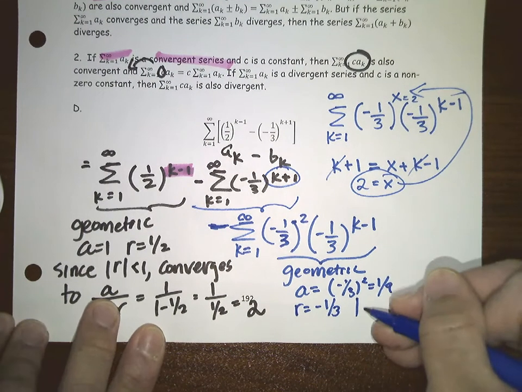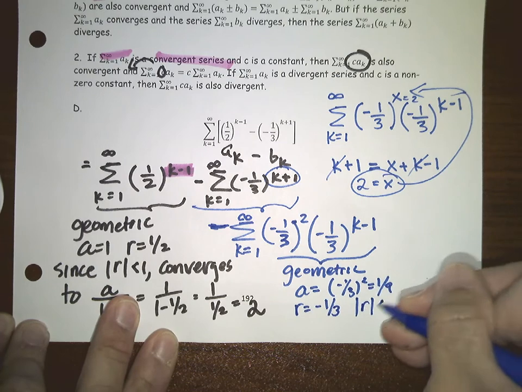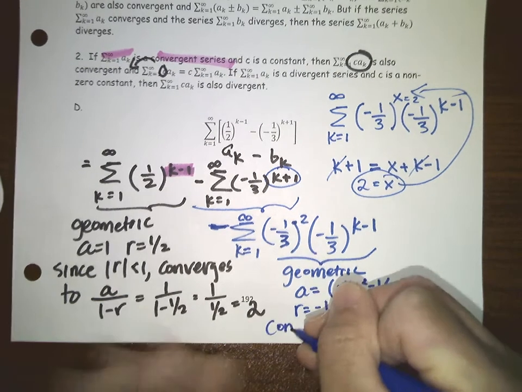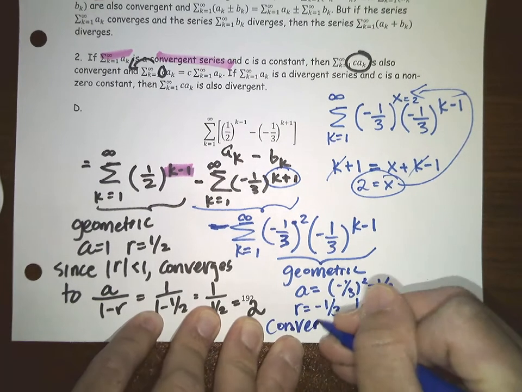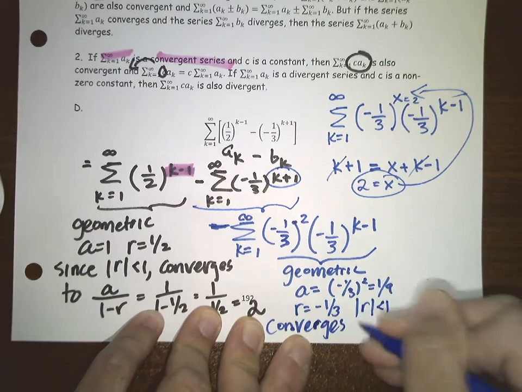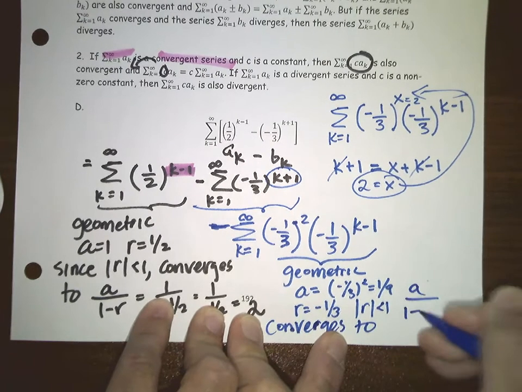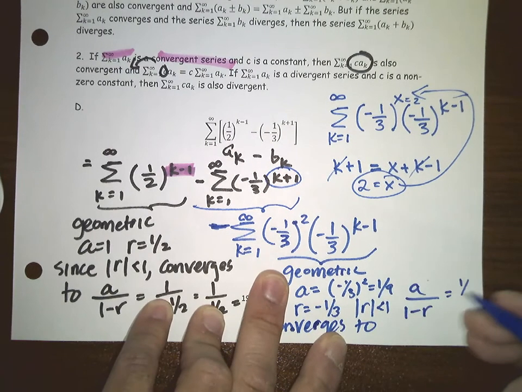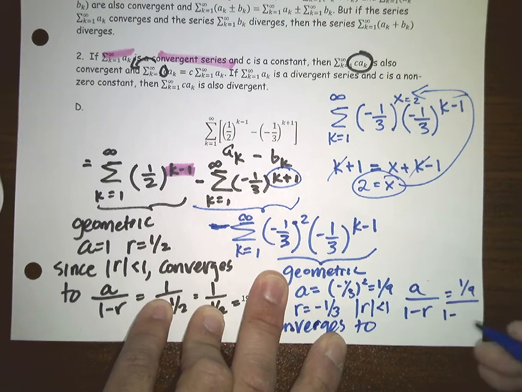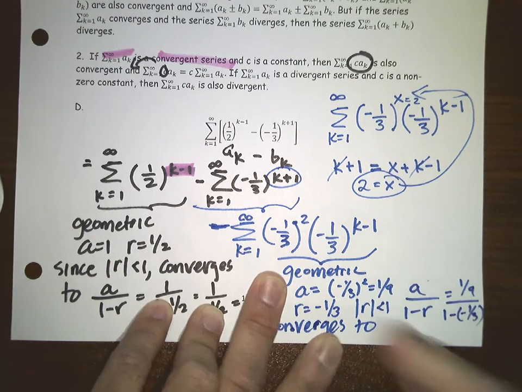Since the absolute value of r is less than 1, this converges to a over 1 minus r, so 1/9 over 1 minus negative 1/3.